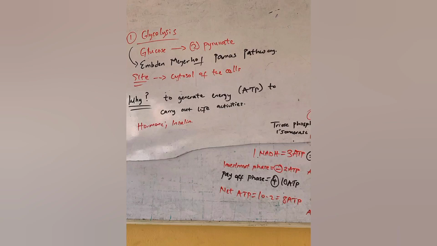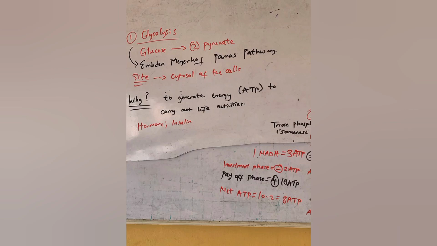So glycolysis involves the utilization of glucose. It converts glucose into 2 moles of pyruvate, that is from 6-carbon glucose to 2 moles of 3-carbon pyruvate. And it is referred to as the Embden-Meyerhof-Parnas pathway.